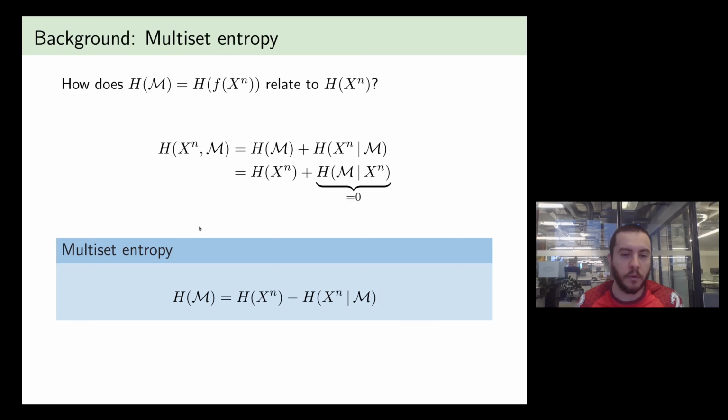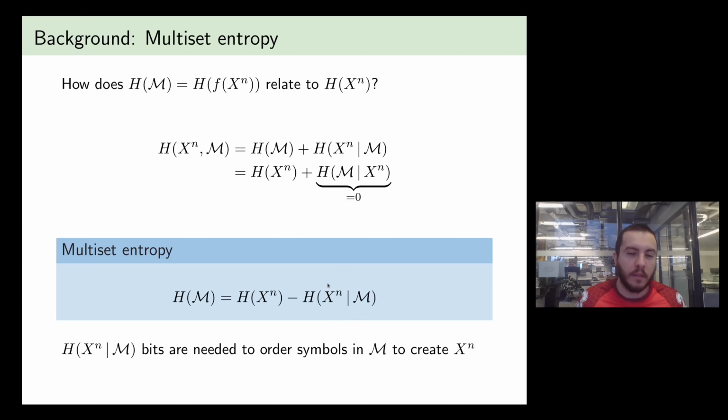So the entropy of the multiset is just the entropy of the sequence minus this conditional entropy term. So what is this conditional entropy term? This can be interpreted as the number of bits that are needed to order the symbols in the multiset to create the specific sequence that you want. So this is sometimes also called the order information or the permutation information.